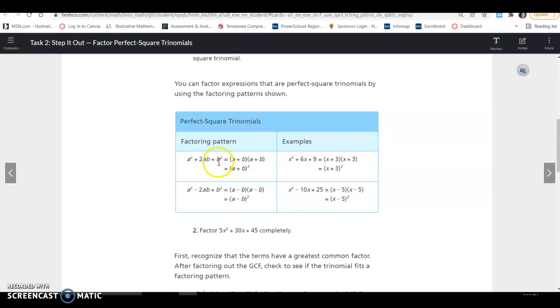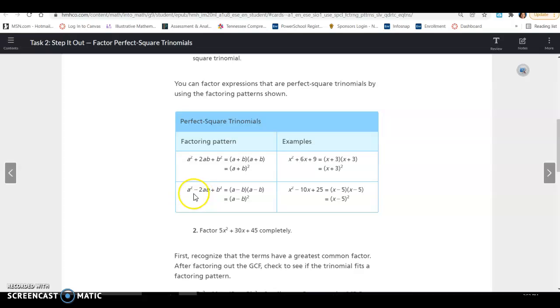All right, so these are very similar. Something squared plus 2ab, which is your middle term, plus something else squared. So if you know what a squared and b squared are, then you're going to have twice that in the middle. So (a + b) squared comes from this perfect square trinomial.